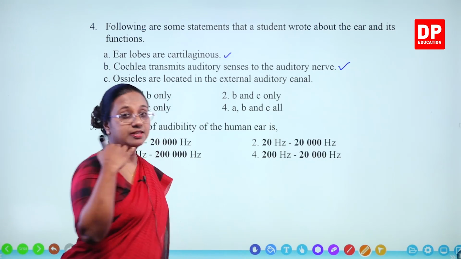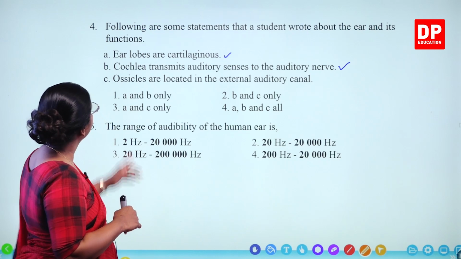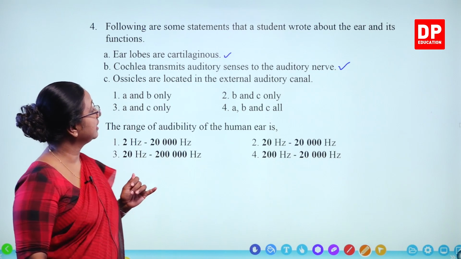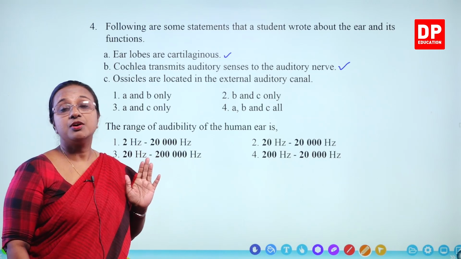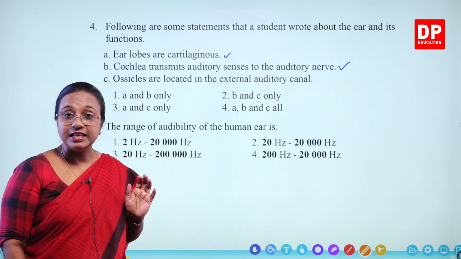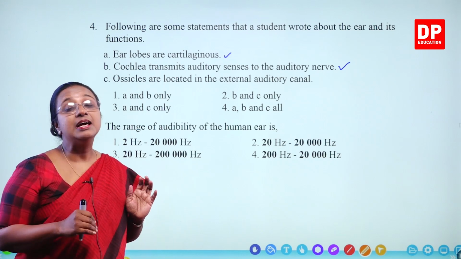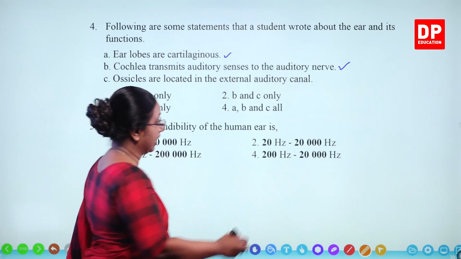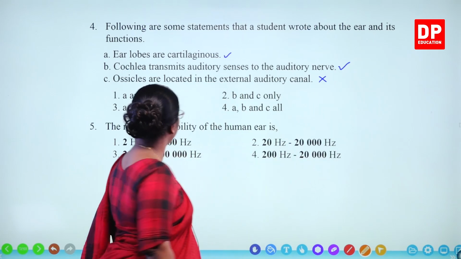Ossicles are located in the external auditory canal. That is wrong. Why? Because the ossicles are located in the mid-ear, not related to the external auditory canal. So, that statement is wrong.